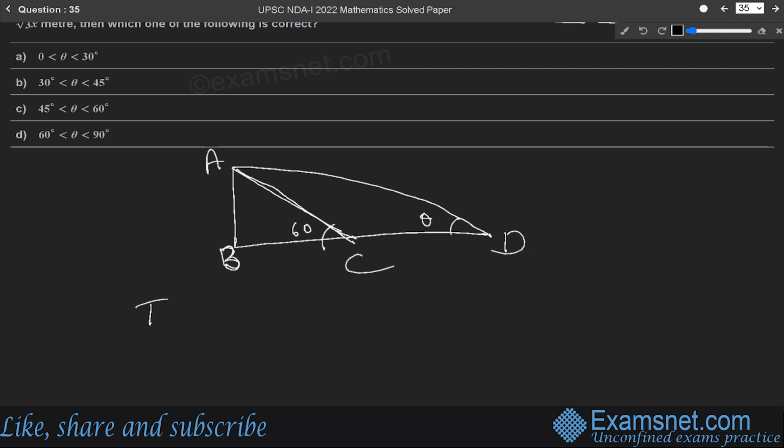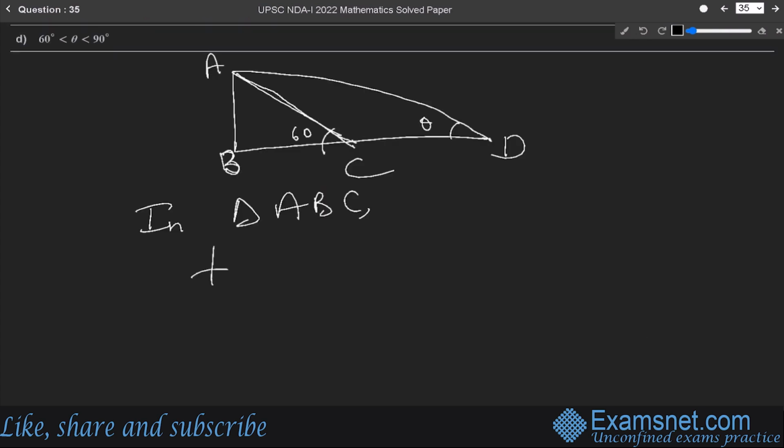Now let us see in triangle ABC. We know the value of tan theta. Theta is 60 degree here. So tan 60 will be equal to AB upon BC. We know that tan theta is equal to perpendicular upon base. Therefore, it will be AB upon BC.